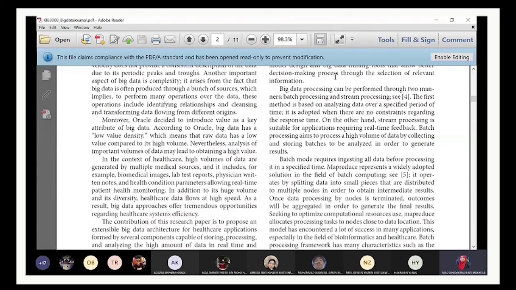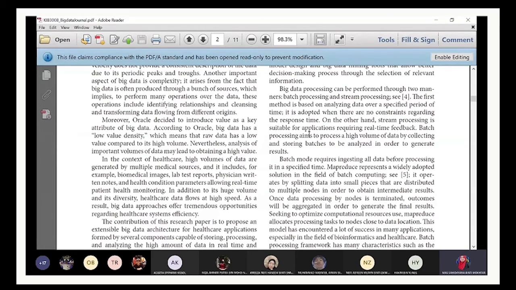The processing of big data can be performed in two manners: batch processing and stream processing. Batch processing is where we collect data for a certain period of time, then do proper analysis and give the outcome. But stream processing has to be rapid.